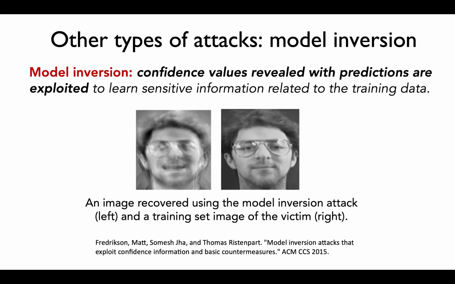And people have actually made use of this. This is a figure from ACM CCS 2015, in which the authors launched a model inversion attack through which they could recover a training set image. Basically this was confidential data which could be guessed through an inversion attack by the authors.